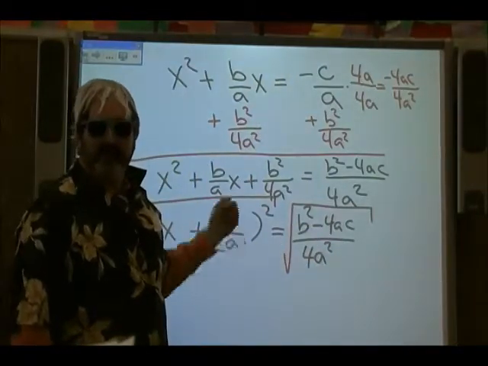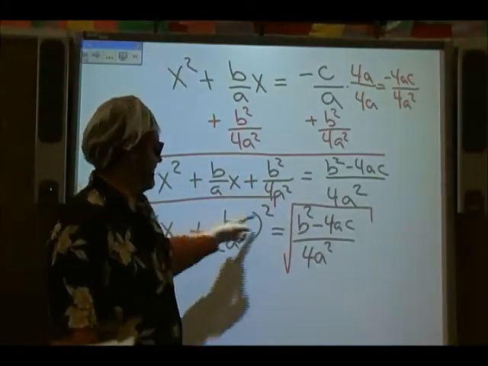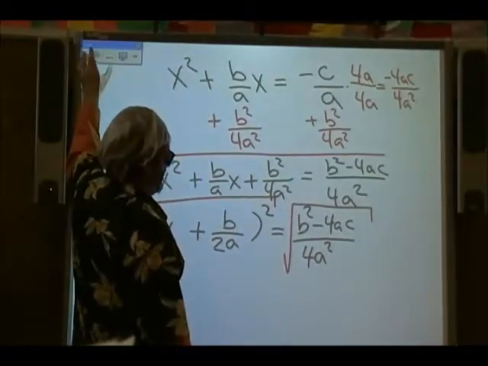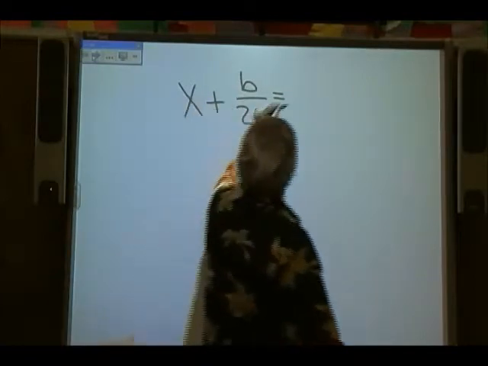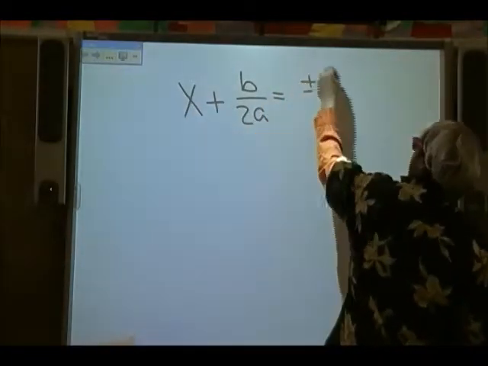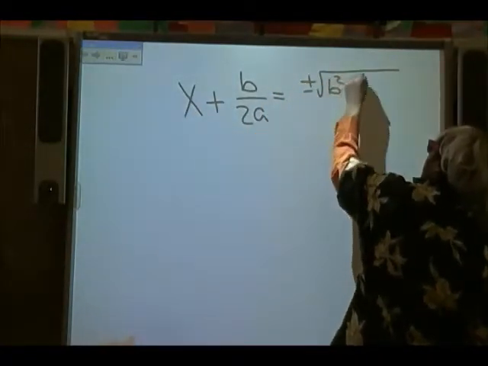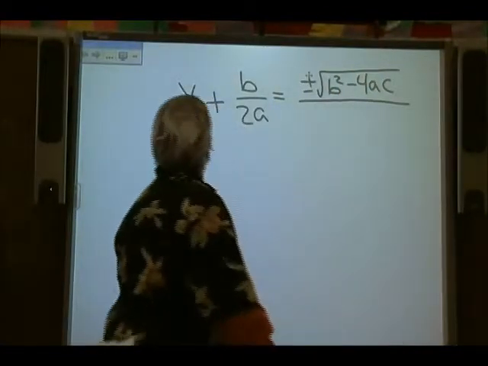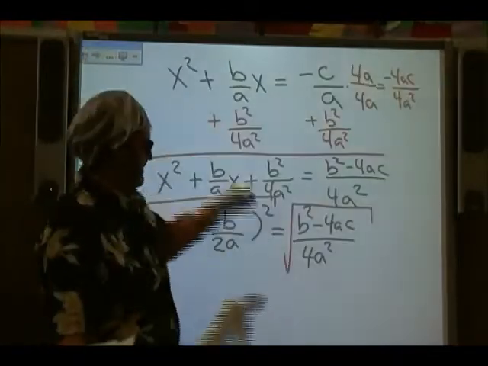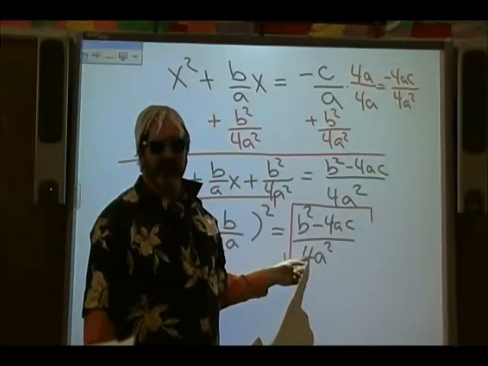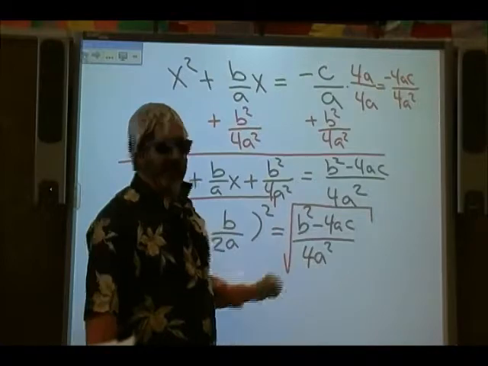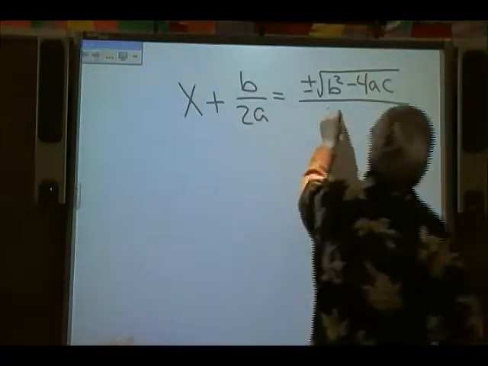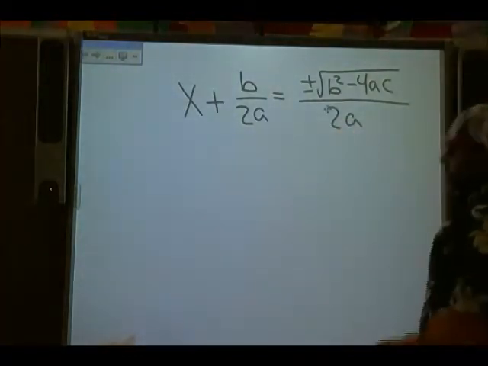It could be positive or negative when you take the square root, right? You get two answers. So this is going to be positive and negative square root of b squared minus 4ac over, go back, square root of 4a squared is 2a. So this becomes 2a.